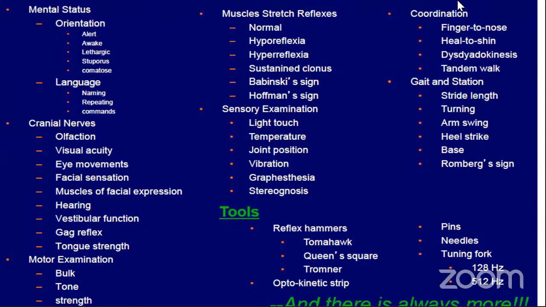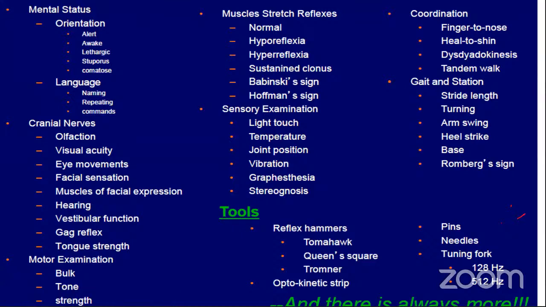These are all you have to do, and again to emphasize, you require these tools for neurological assessment: the pins, needles, tuning fork, etc. We have to have them at our disposal. Right. So with this brief note, we'll go on to the big picture of the brain.